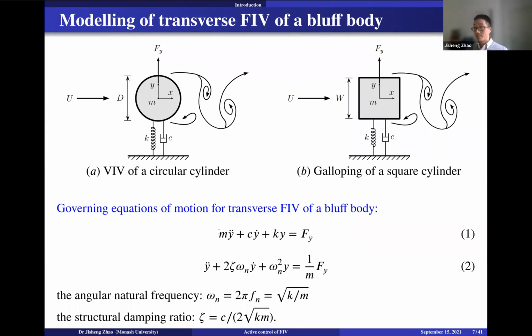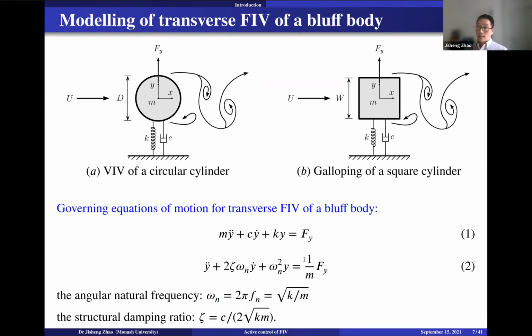You have the mass, and then y double dot is the acceleration, c is the damping factor, and y dot is the body speed. k is the spring constant, as you can see in the schematics here. And Fy is the cross flow or transverse force acting on the body.